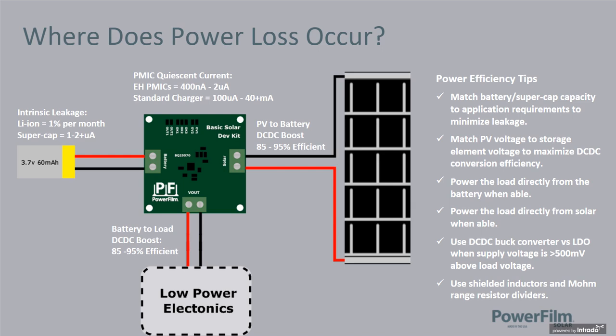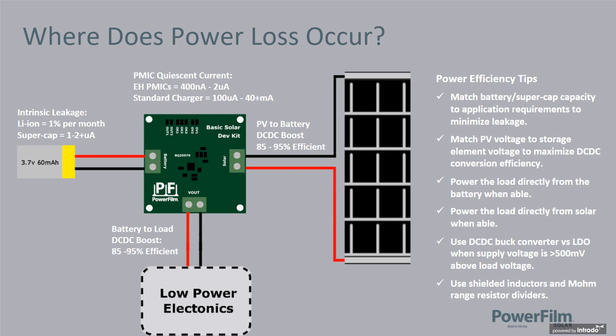If you do need those components, such as the steady state output supply, if your battery is over 500 millivolts over your load, you should opt for a DC-DC buck converter over an LDO, which is going to be a much more efficient process. And then using shielded inductors and mega ohm range resistors can also have a large impact on your system efficiency.